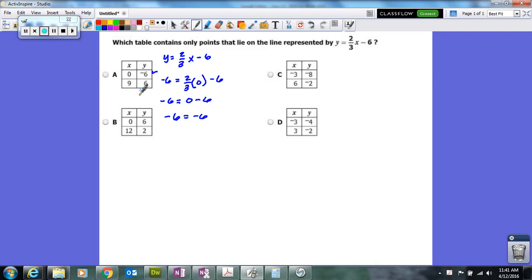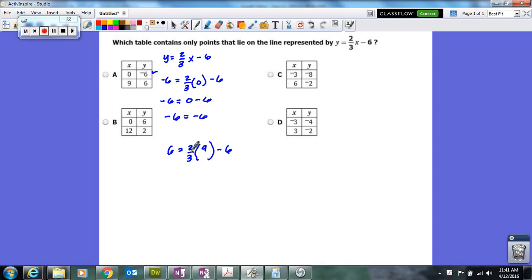Now let's test the second ordered pair. We replace the y value with the 6. We replace the x value with a 9. So 2/3 times 9 minus 6 still.